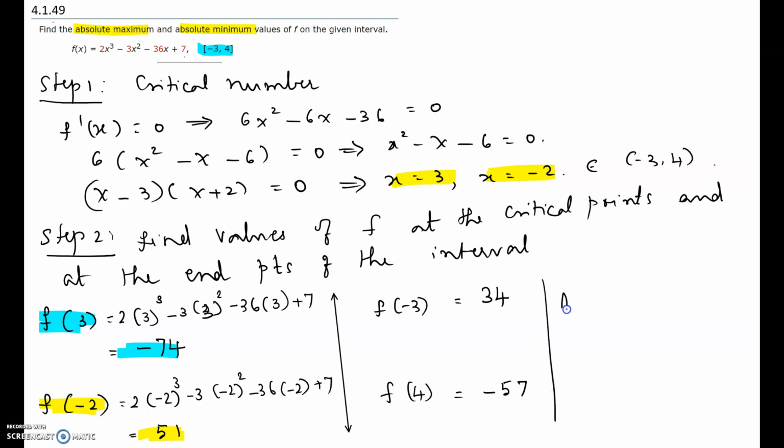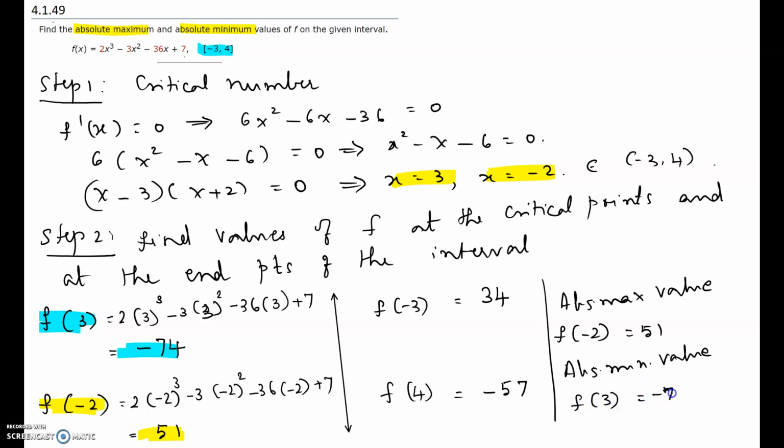The absolute maximum value is f at negative 2, which is equal to 51. Then the absolute minimum value is f at 3, which is negative 74. Hope this video helps.